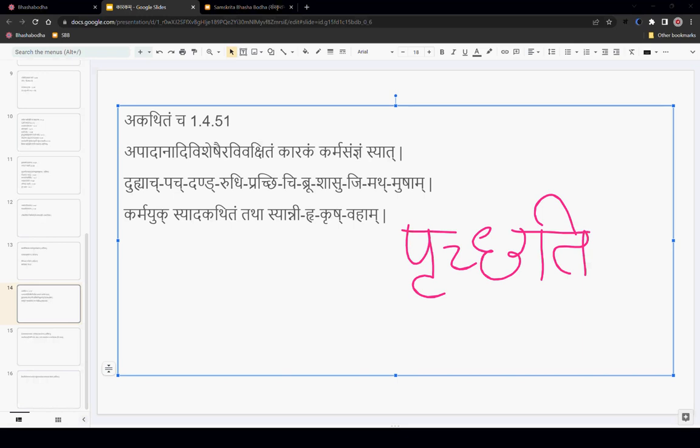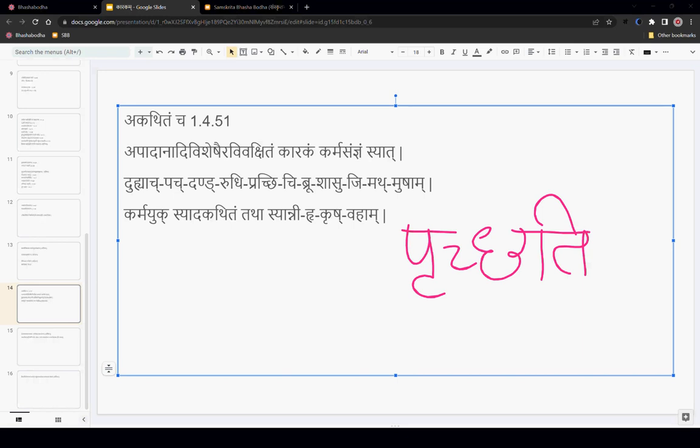This can be easily understood in English also; similar usages are there. "I ask him the question." Ask and him both seem to be in a similar vibhakti there, a similar role. I don't know whatever it is called in English. "Ask him" is also valid. "Ask the question" is also valid. "Ask him the question" is also valid. Similar to that here.